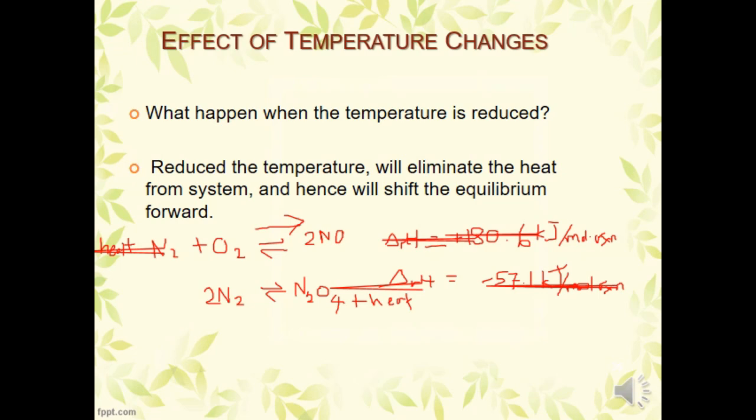So when we remove the heat, the system will counteract this effect by forming more dinitrogen pentoxide, so that it will form more heat to counteract the decrease in the temperature of the system.